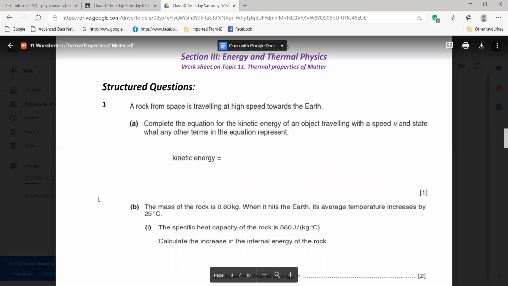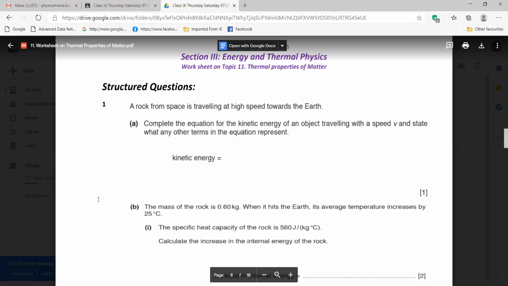A rock from space is traveling at high speed towards the Earth. Complete the equation for the kinetic energy of an object with the speed v and state what any other terms in the equation represent. What is the formula? Half mv squared. Very good.